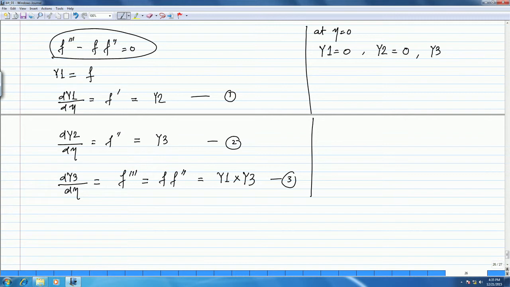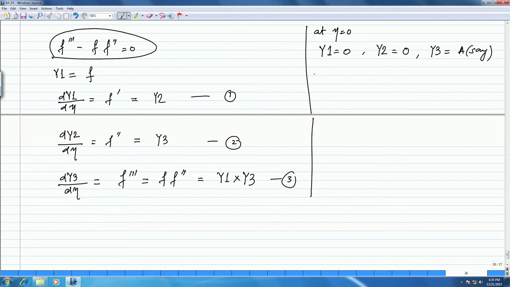So y3 is equal to some value, an assumed value, which we call a. You assume whatever you want, because we start with an assumption and then iterate on this.